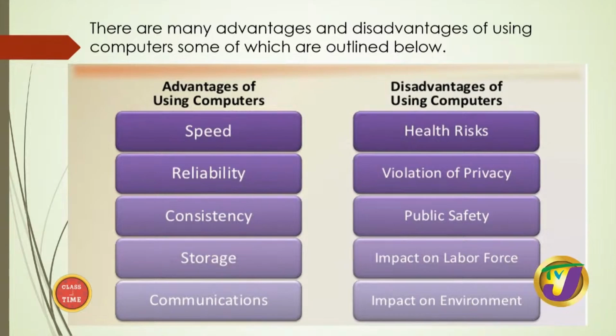It offers a wide volume of storage, meaning that you can store on the primary memory, which is the RAM, random access memory, or you can store on the secondary storage devices. The computer helps you to do communication very frequently, effectively, and very fast. So you can communicate with a number of persons very easily using meetings. You can also see the persons that you are having the conversation with.